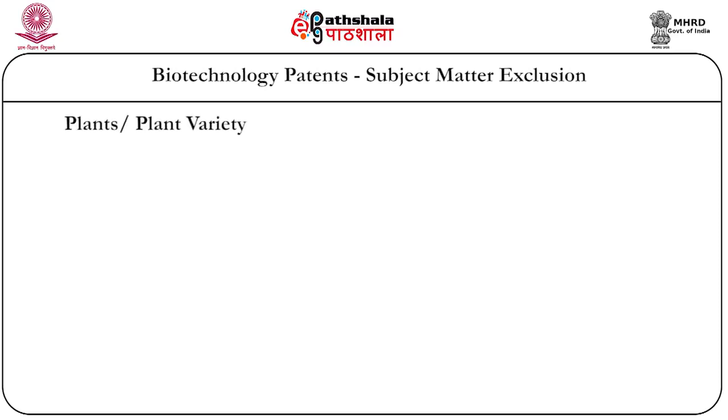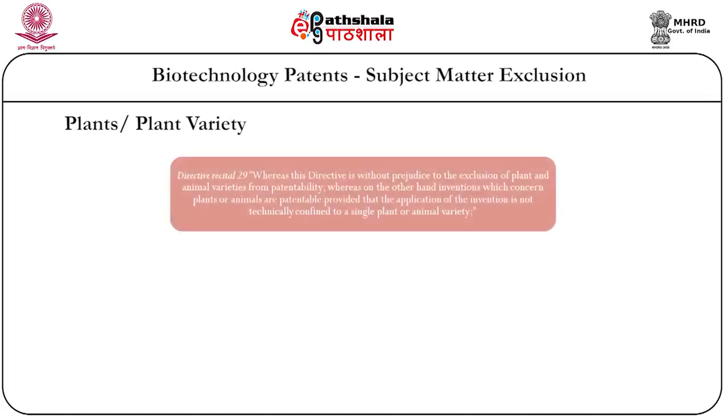What about plants and plant variety? Now, the Europeans have a directive in this regard, Directive 98/44, that is the Biotechnology Directive, which states that whereas the directive is without prejudice to the exclusion of plant and animal varieties from patentability, on the other hand, inventions which concern plants or animals are patentable provided the application of the invention is not technically confined to a single plant or animal variety.